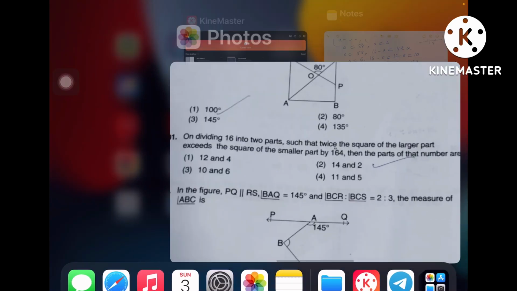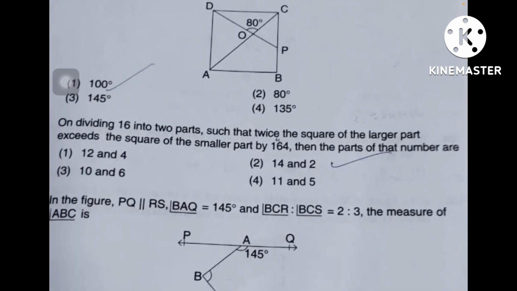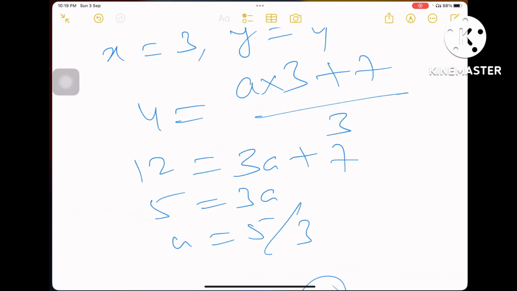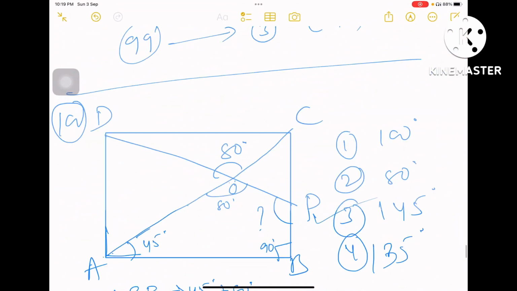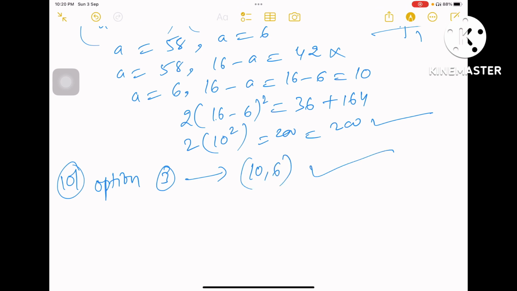In this case the parts of the numbers are 10 and 6. Option number 3 is the correct option. So for question number 101, option number 3, that is 10, 6 are the correct answer.